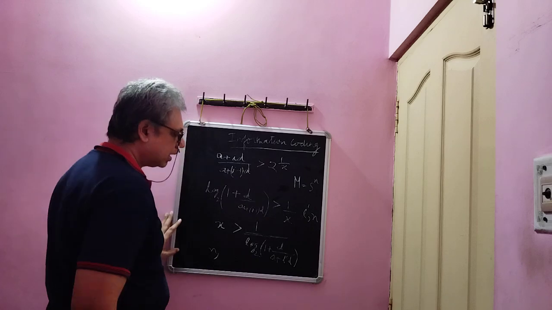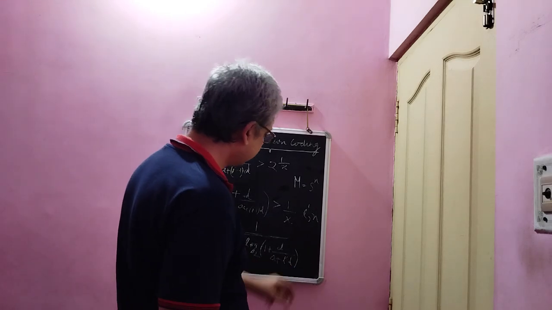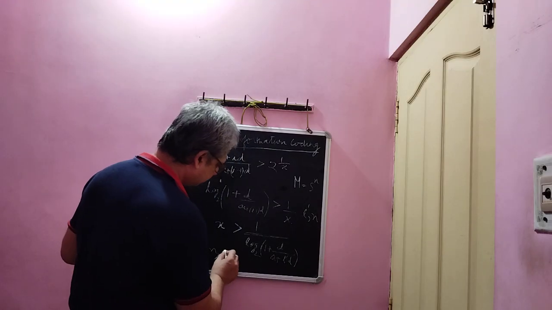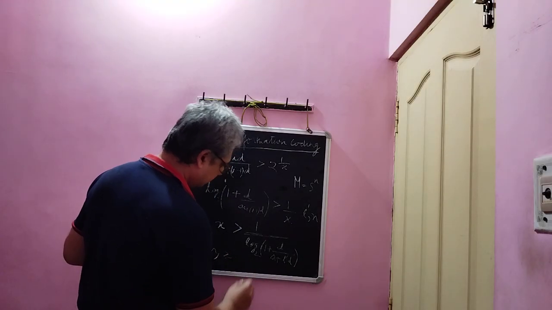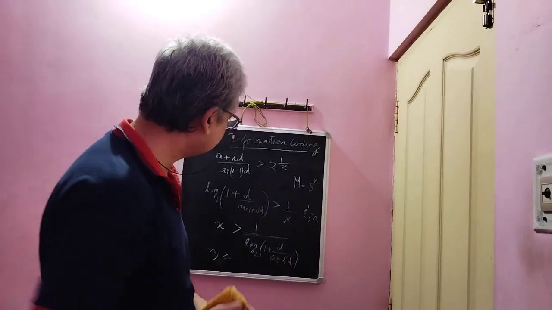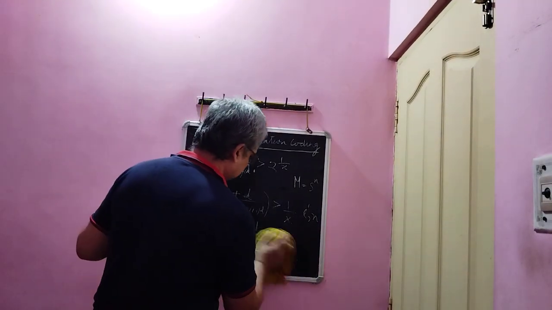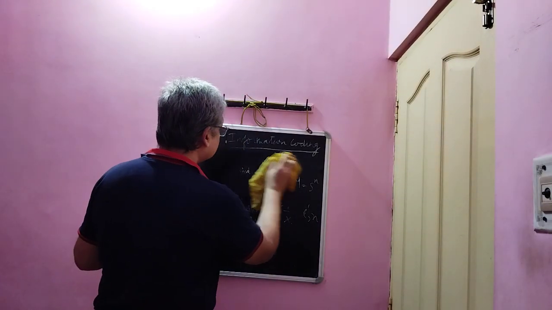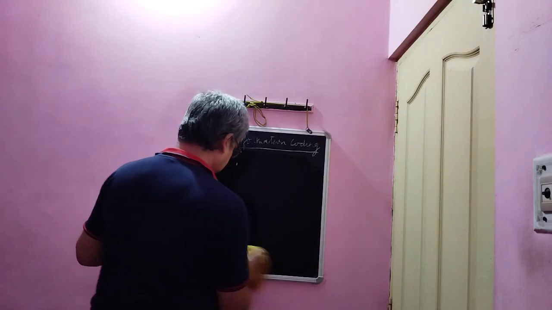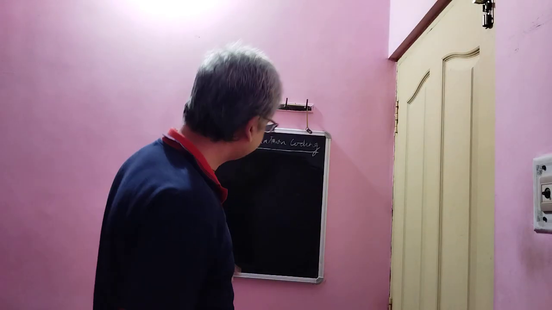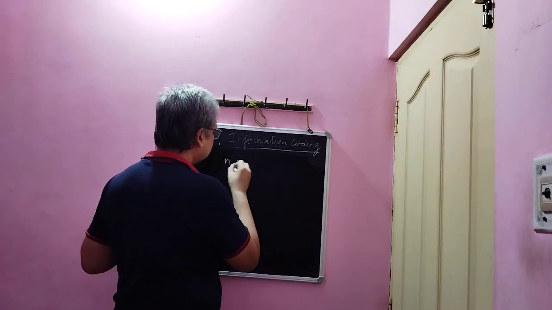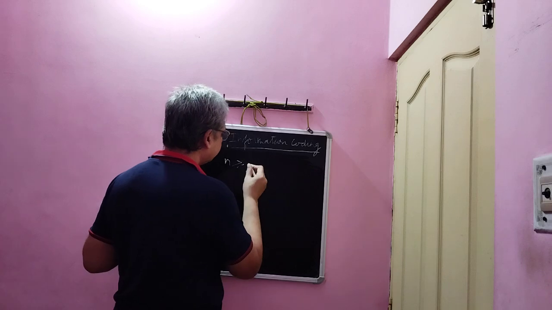We can determine parameters a and d such that n is slightly greater than the binary log of 1 plus d by a plus L dash times d.